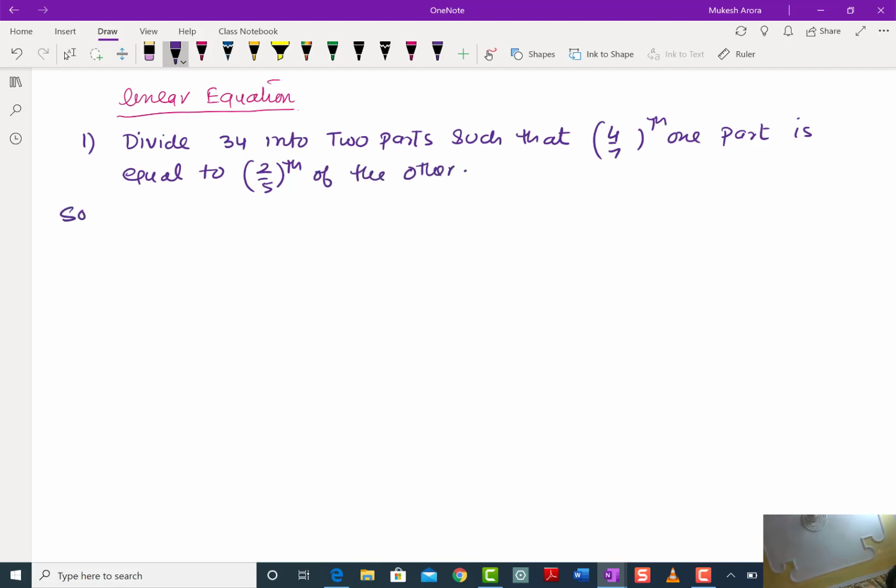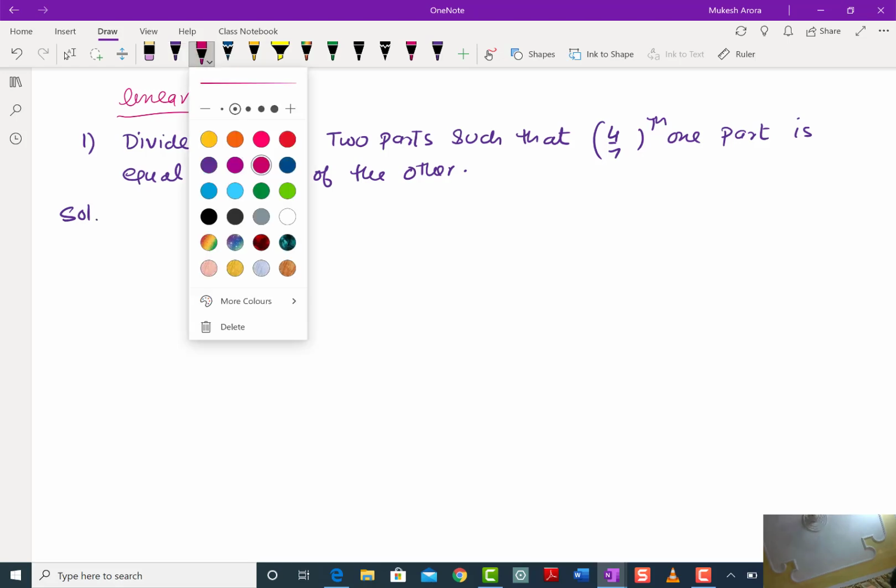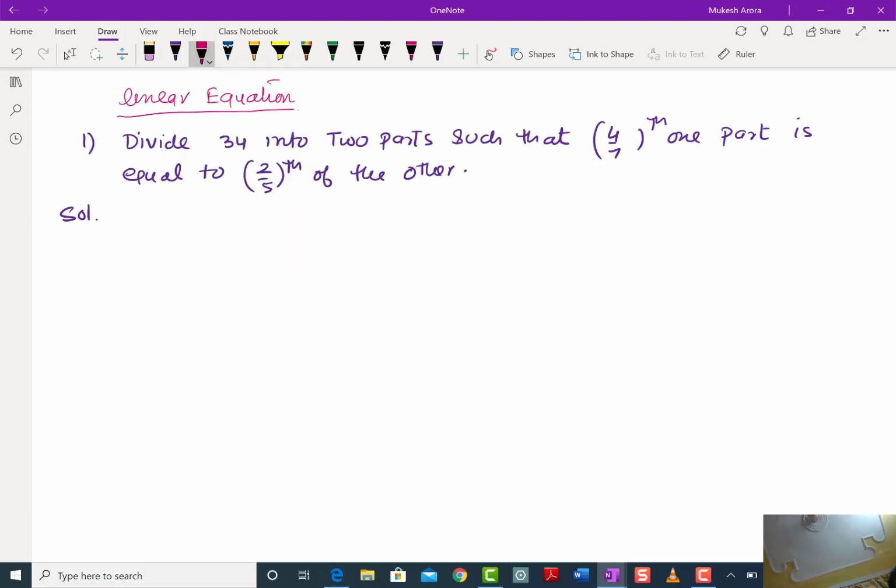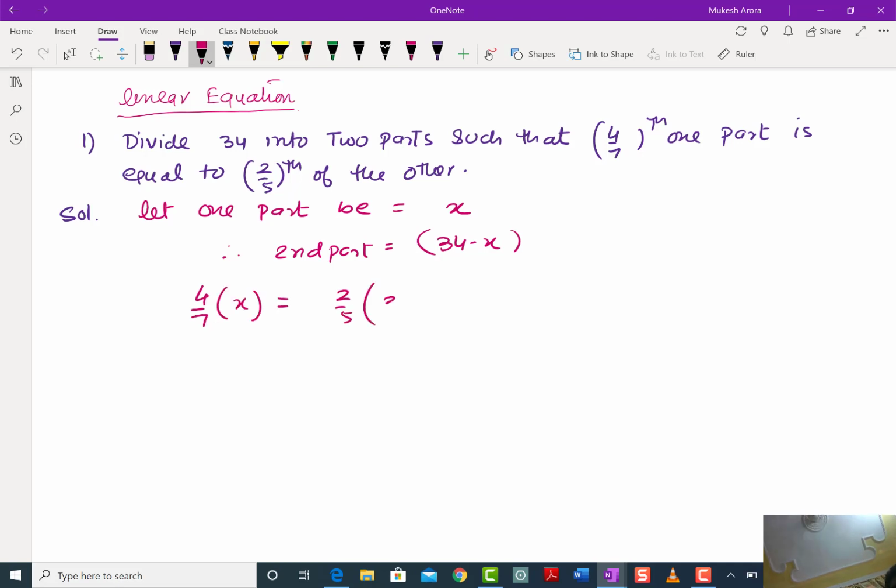So let one part be x, and we have to divide 34. Therefore the second part will be 34 minus x. He says that 4/7 of the first is equal to 2/5 of the second.